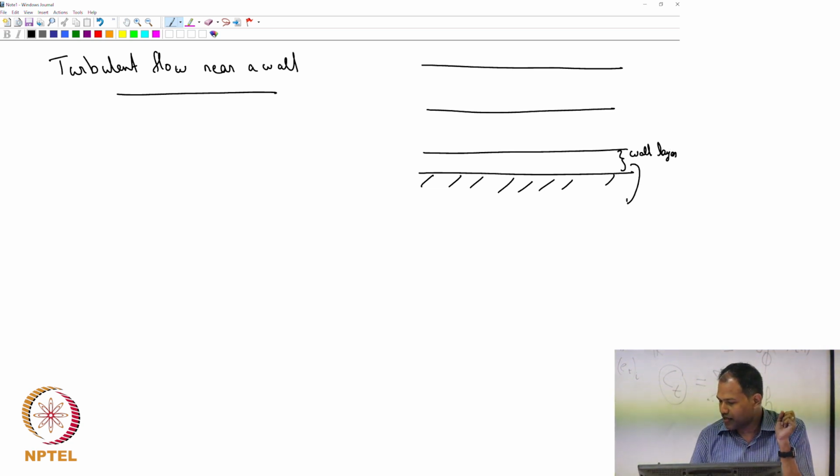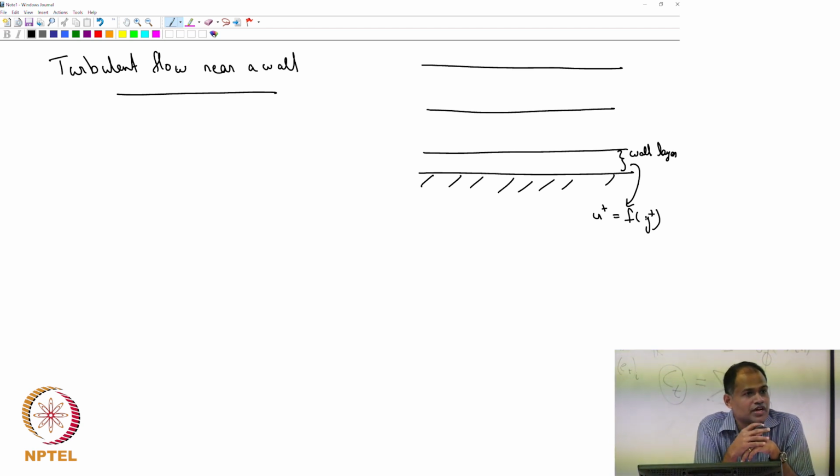And from dimensional analysis, we said u plus is a function of y plus, where we had defined u plus and y plus as the two non-dimensional relevant variables, a velocity variable and a distance variable.